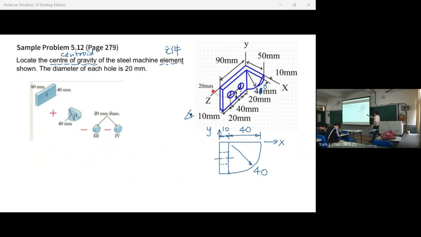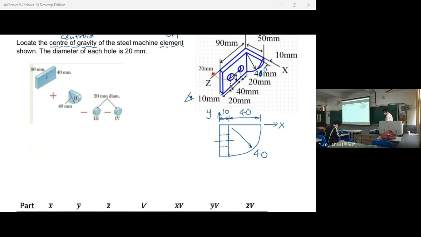So you look from towards the negative z direction, and these are the two holes, and we have a circular arc like this one. Take your time to draw this, and I assume you'll learn how to draw this in engineering drawing next semester.